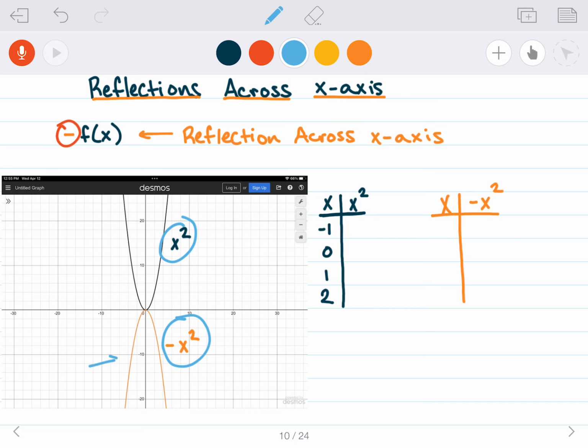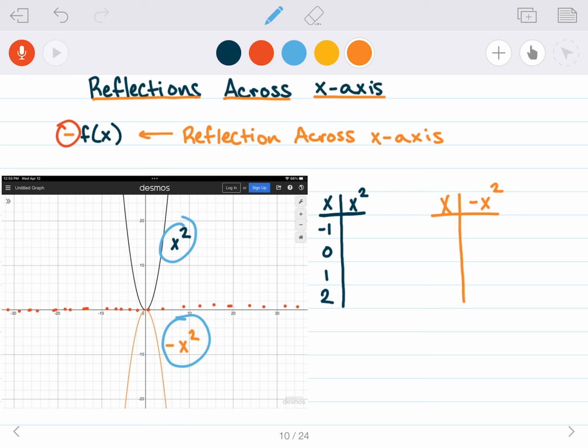And what I get when I reflect x squared over the mirror, I get negative x squared. So you can kind of see what I'm talking about here as the x-axis being the mirror, right? So that's all that is. That's the mirror image. So the negative is on the outside of the function, which means that we're applying this to the output only.